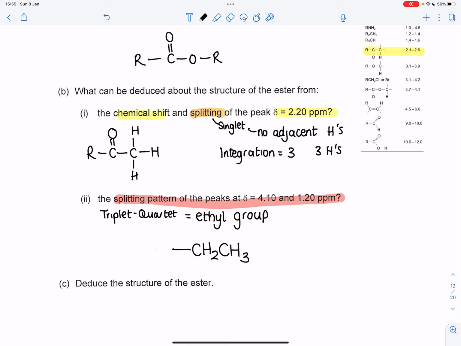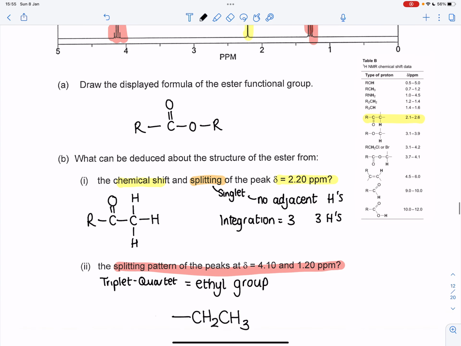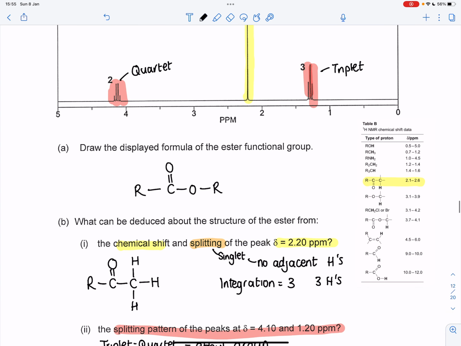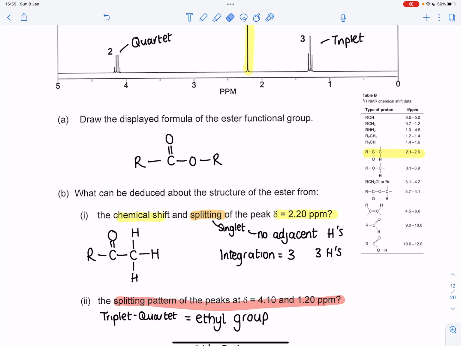That looks like this. If we were to go back and maybe think about it a bit more, even though we're not asked to do that in this question, if we go back and we take each peak separately, so if I just get rid of that highlighting, the quartet is of integration value 2. So it's probably a CH2. And the quartet tells me it's next to, so the n+1 rule, if I end up at quartet 4 by doing something add 1, that something must be a 3.